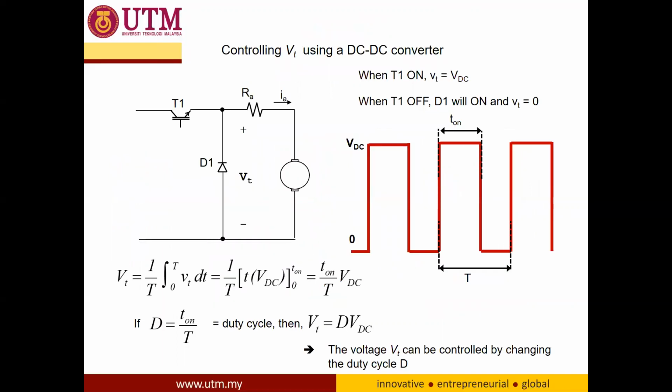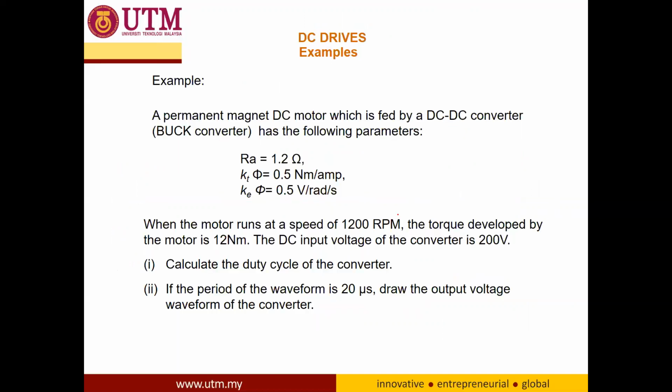This is the circuit, and as we have known, this is the equation for the V armature. So this is the example. We will continue on the next slide, in the next video.